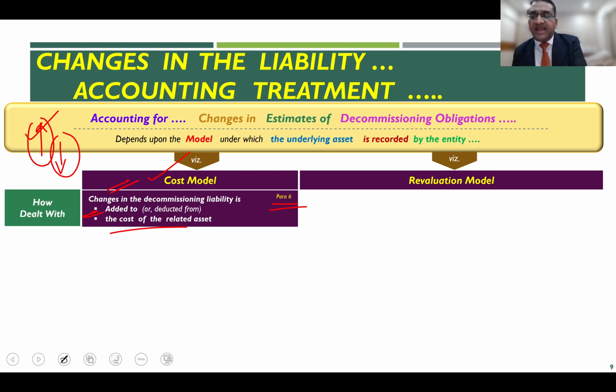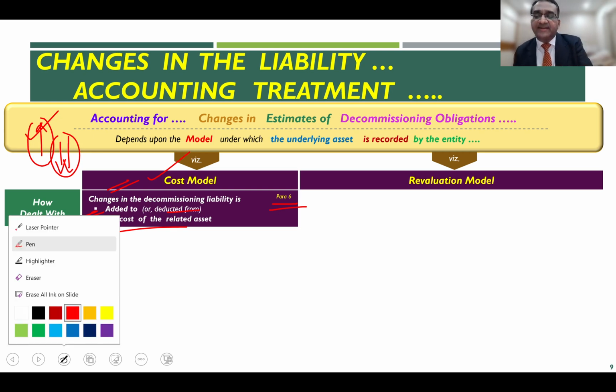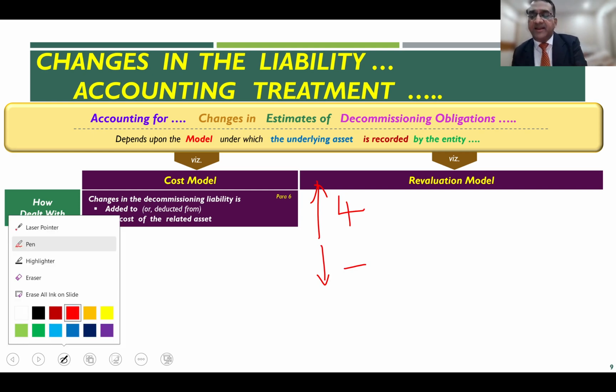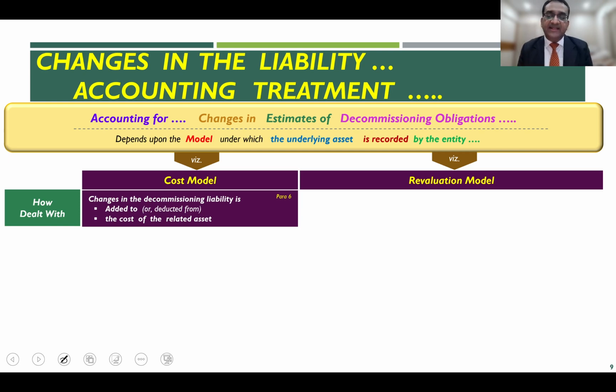Or if there's a decrease, then reduce it from the carrying amount of the asset, because you are following the cost model. So simple: increase in the decommissioning liability, add to the cost of the asset. Decrease in the liability, deduct it from the cost of the related asset. This is what the guidance is.